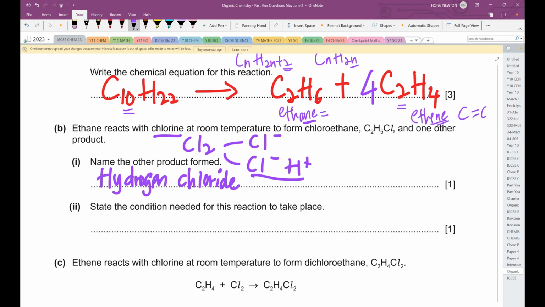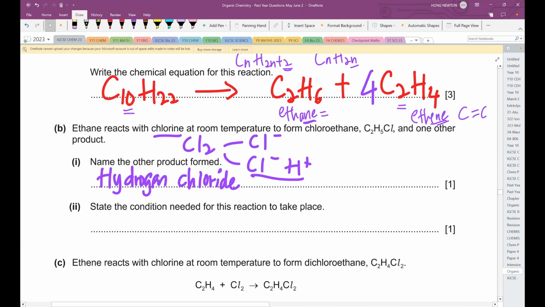So the chlorine gas, Cl2, will break into chlorine atoms. One of them is going to pair with the ethane to become chloroethane. Another chlorine is going to pair with the hydrogen here, replacing one of the hydrogens.